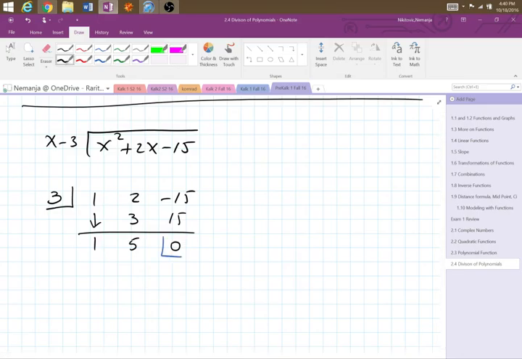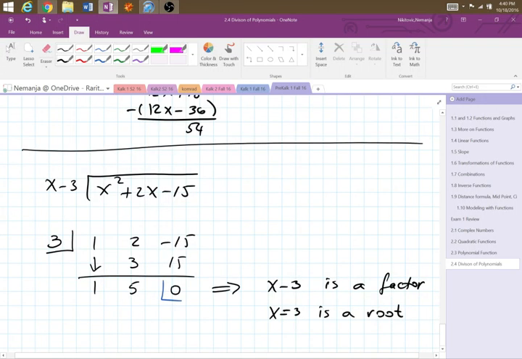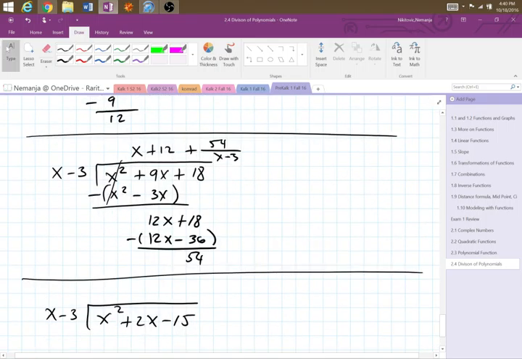Because we have a 0 there, that means that x minus 3 is a factor, and x equals 3 is a root. In the previous problem, you did not have that. X minus 3 was not a factor, and 3 was not a root.